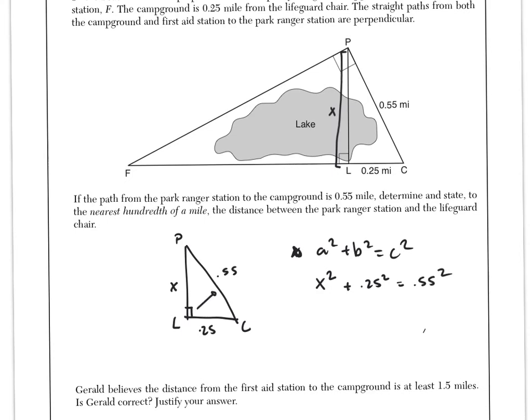Now, if you solve this out, I'm assuming you could do this, you're going to get X squared is equal to 0.24, and then X, you take the square root of both sides, you're going to get X is equal to 0.49. All right, so that's our first distance. So the length of PL is 0.49.